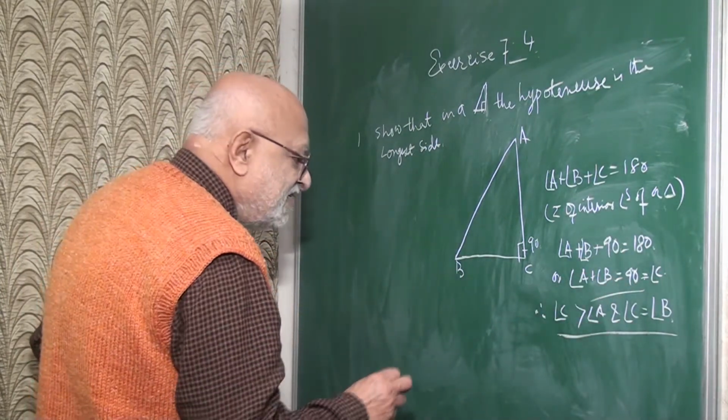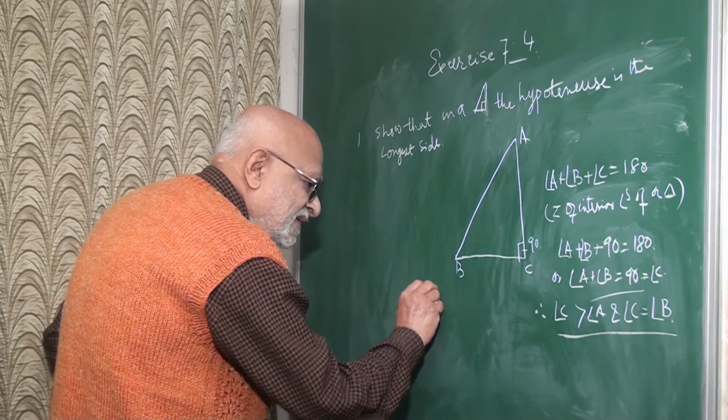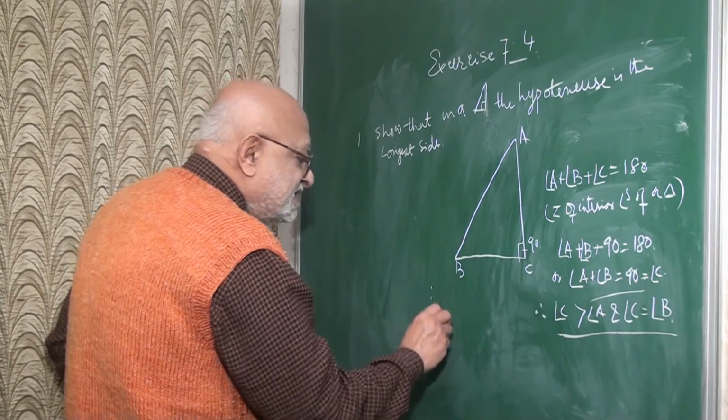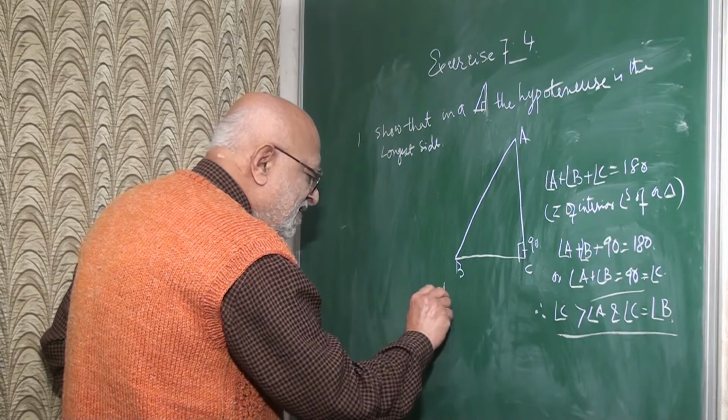So what happens if angle C is greater than angle A? Opposite to angle C is AB.